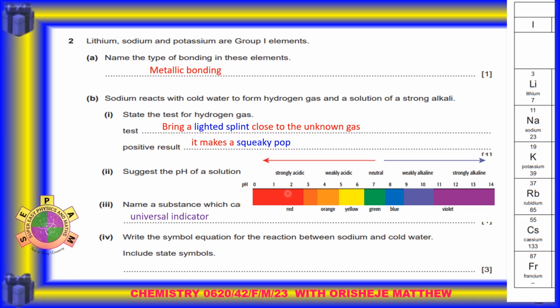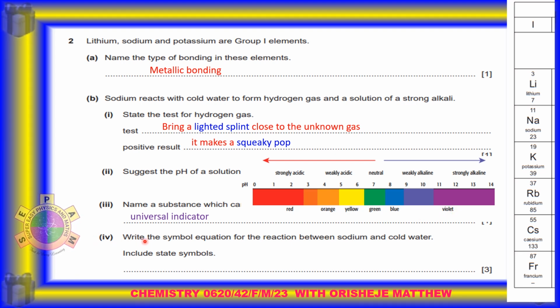From 0 to 2.5 is red, 3 is orange, then yellow between 5 and 6.5, then 7 neutral is green, then blue is weak alkaline, then navy blue, and from 11 to 14 you have strong alkaline. The strongest has a pH of 14, and that will give you the color it will show.